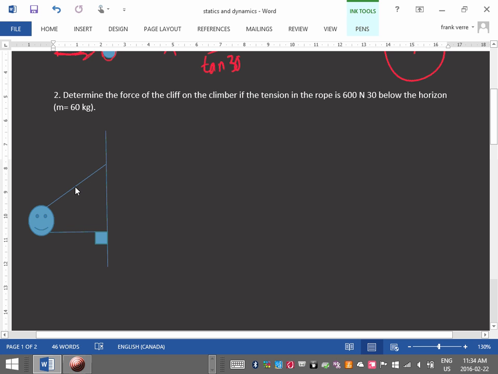So the person is pulling on a rope, and it says that there's a tension in the rope that is this way. Okay? The tension on a rope is 600 newtons, and it's 30 degrees below the horizontal. So this is 30 degrees. Okay?